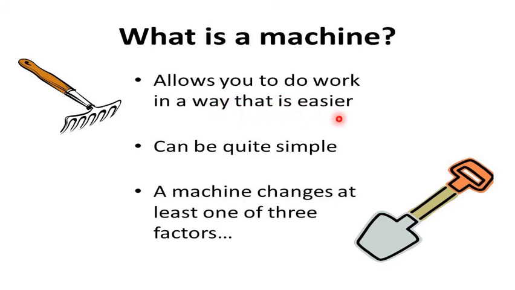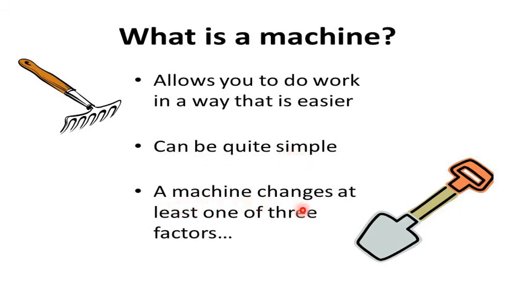For example, you want to write something and your pencil helps you in writing, so your pencil would be a machine, right? It can be quite simple, it can be quite complex as well, depending on the type of machine.